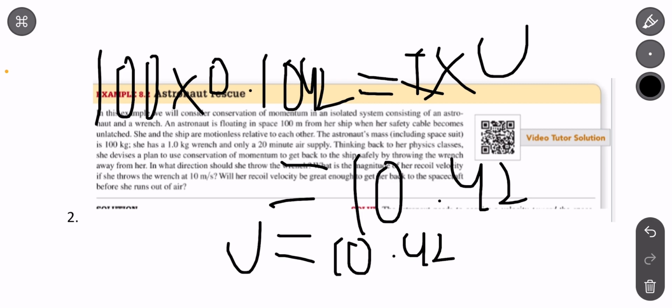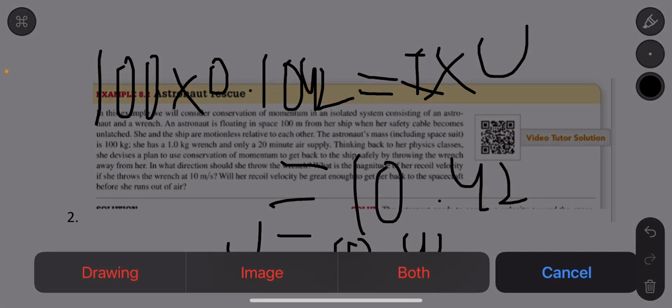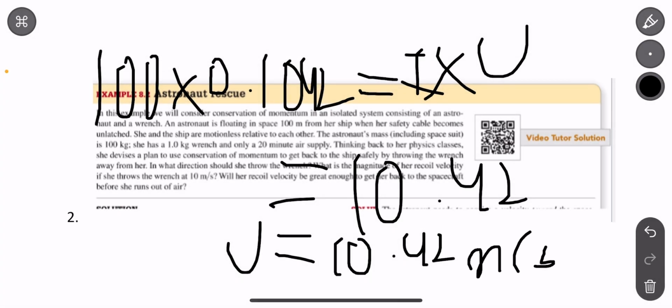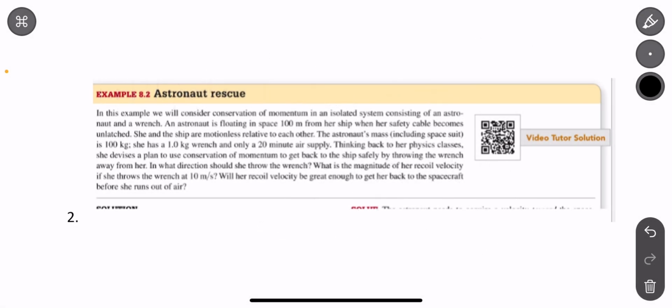Right? So that's the first question. And yes, it will be great enough for her to have a recoil back to the ship after we solve for this number. So it's 10.42, I'm sorry for the units, meters per second. Thank you.